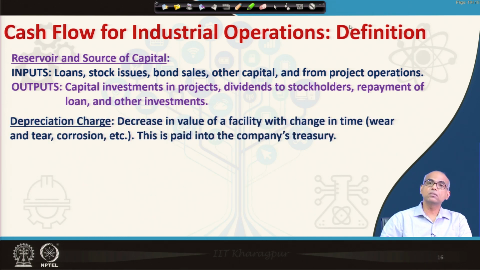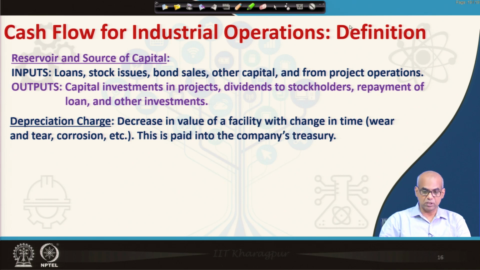Then let us define a term called depreciation or depreciation charge. This is the decrease in value of a facility with change in time due to wear and tear, corrosion, etc. You buy a piece of equipment today for, say, rupees X, and with time the value will decrease due to wear and tear and corrosion.